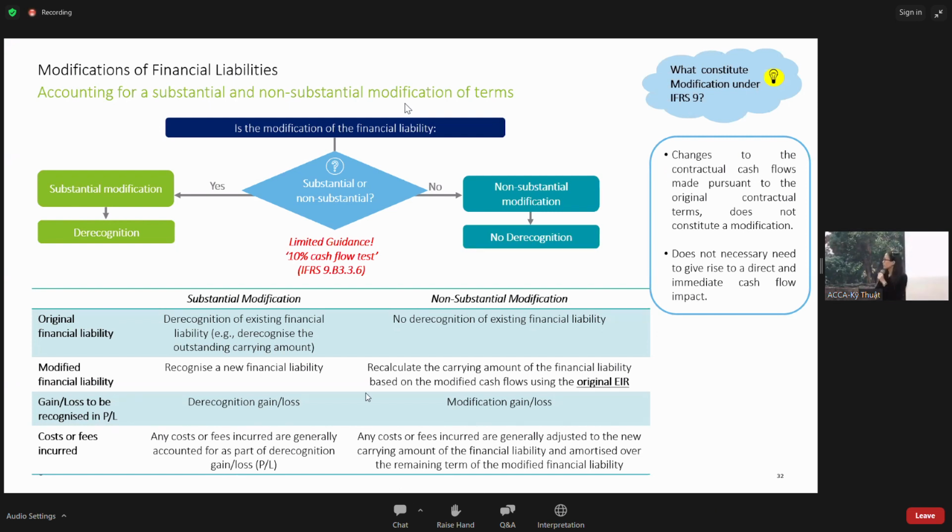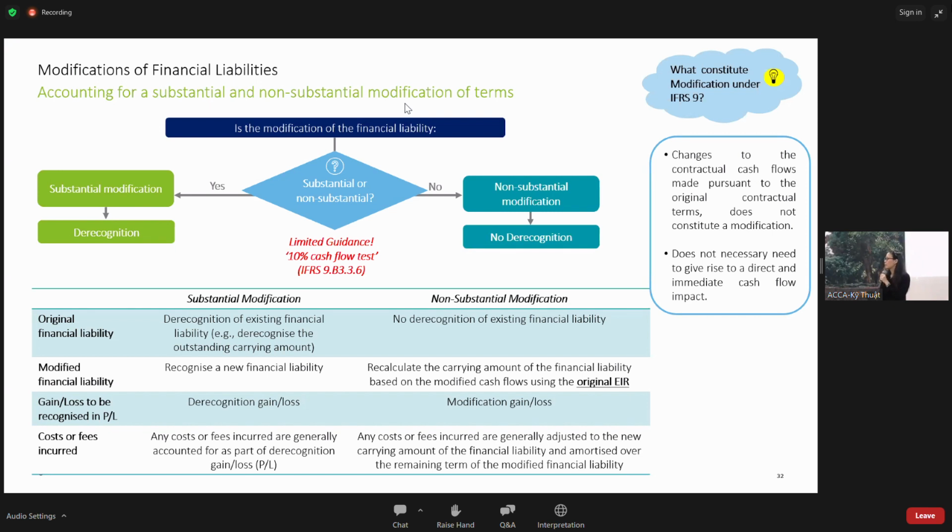Then, in both cases, you will see a P&L hit. The difference is, for the substantial modification, we call it a derecognition gain or loss. But for non-substantial, we just call it a modification gain or loss.